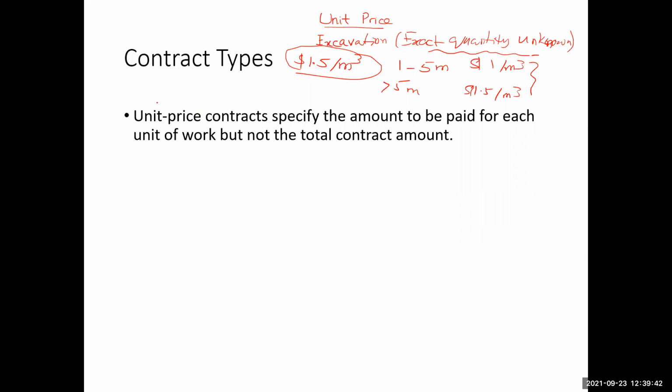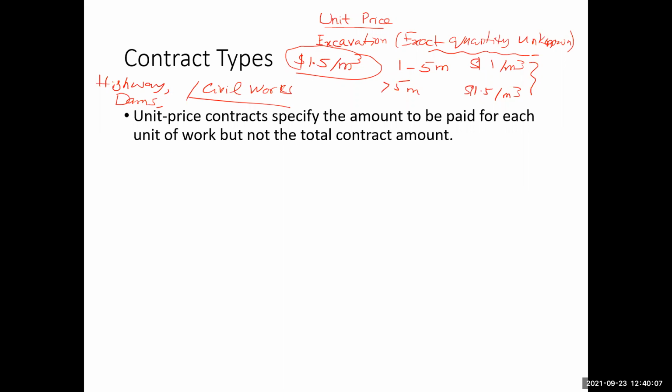Due to that reason, unit price contracts are normally performed for highway works, dams. Most civil works involve unit price contracts, because many of those quantities are just rough estimates.